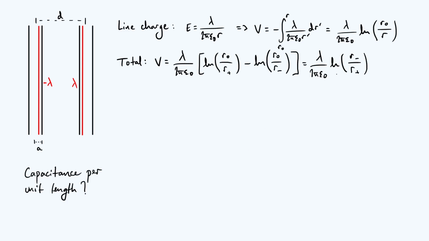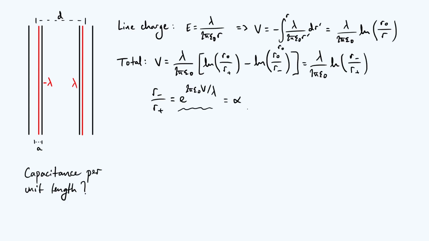If we just invert the log by multiplying through by 2 pi epsilon naught over lambda and exponentiating both sides, we arrive at the conclusion that r plus over r minus, the ratio of distances to each wire, is e to the power of 2 pi epsilon naught v over lambda. And this is an implicit equation of a given equipotential surface of potential v for your combined system of line charges.